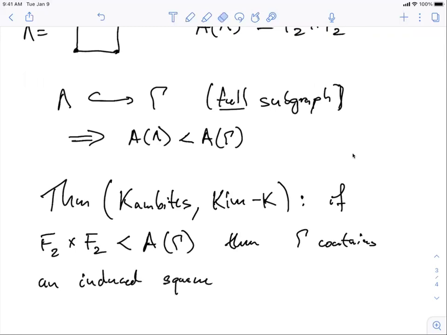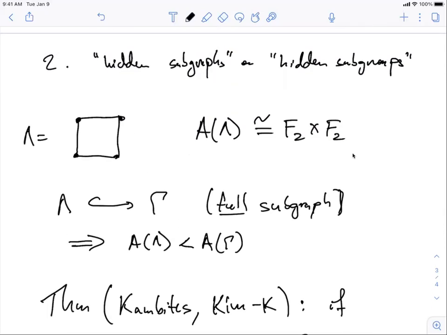I should say, to keep consistent terminology, I'll say full square subgraph. And so in particular, a copy of F2 cross F2 cannot be hidden inside of gamma. If you know that A of gamma contains a copy of a direct product of 2 non-abelian free groups, then the defining graph had a square to begin with.